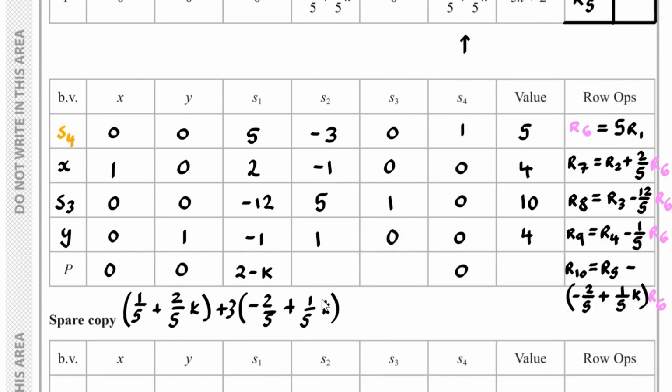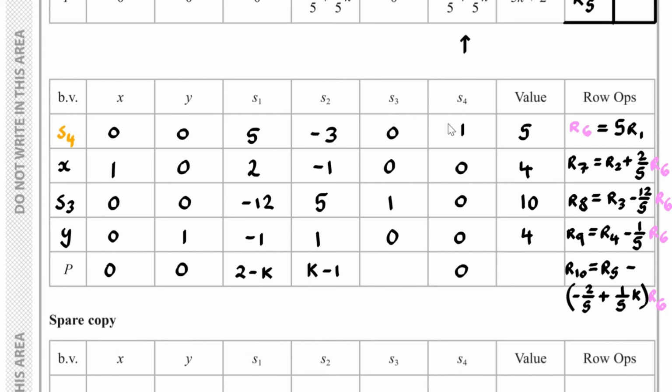So I've got 2/5 plus 6 over 5. So that's going to be 1. So here I end up with k minus 1.